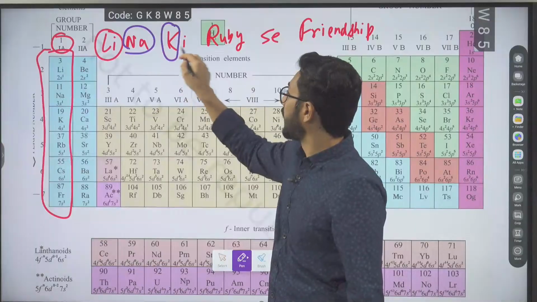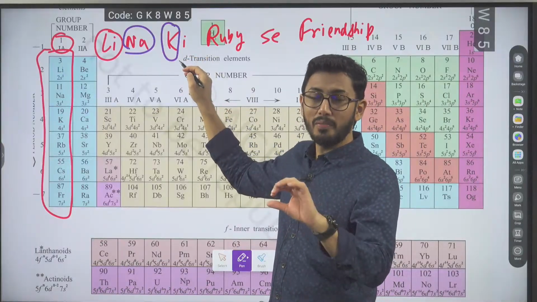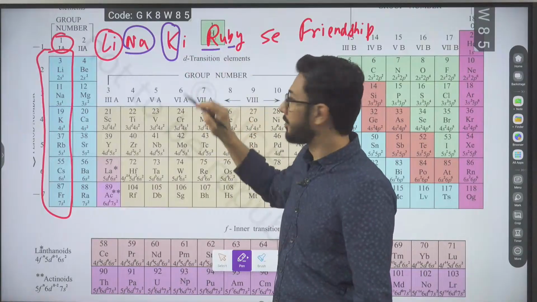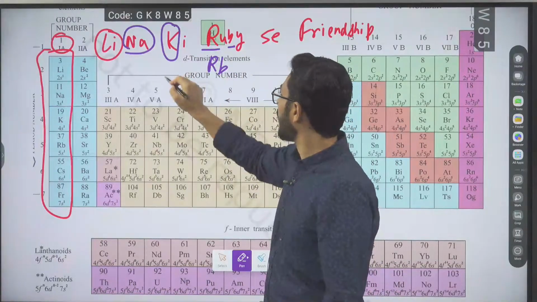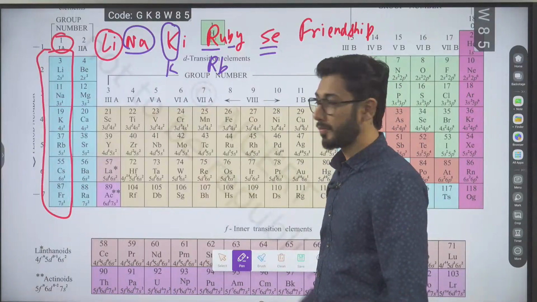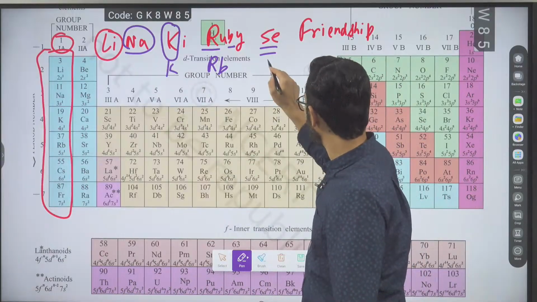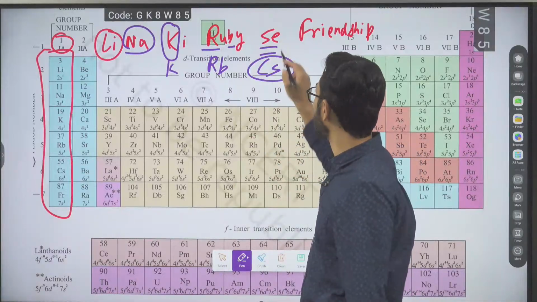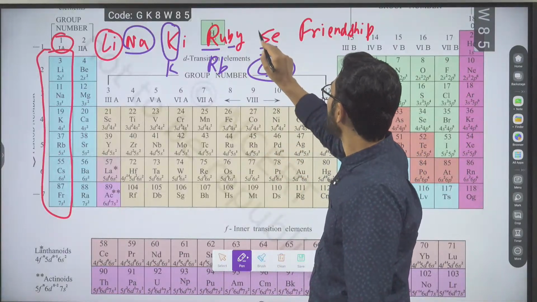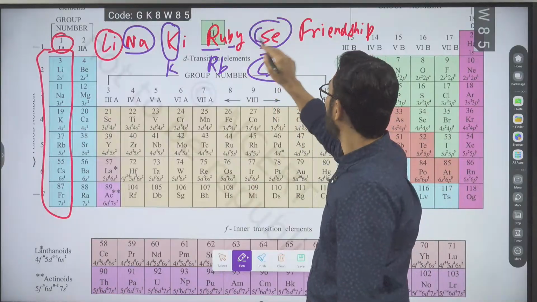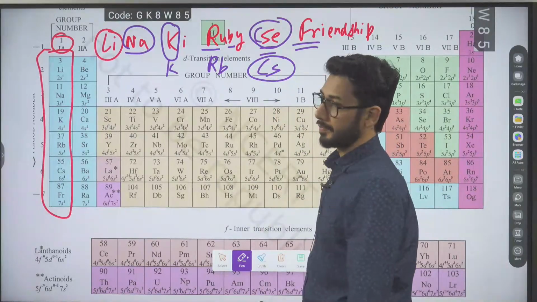From potassium we take K, we do not take Ki, we take potassium K. Rubidium, we take Rb. Here K is only for connectivity, no use of that. Here it is cesium, making with C, write it like this. Ruby se, or you can say CSE, Ruby se, Cs we can extract. And then friendship, Fr.